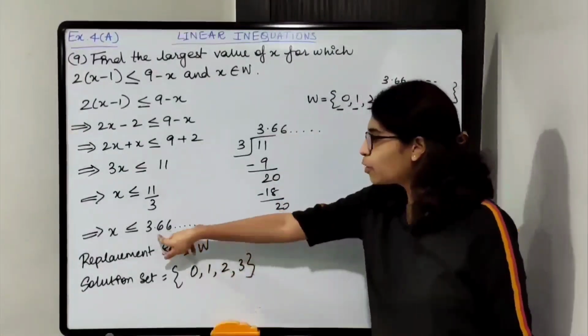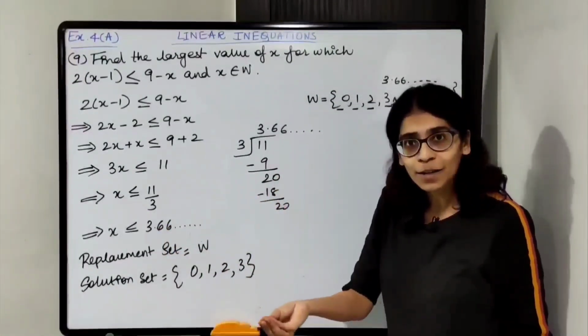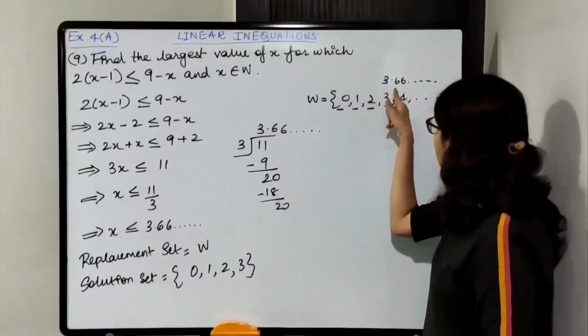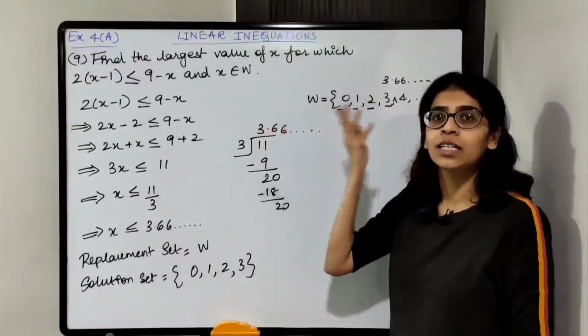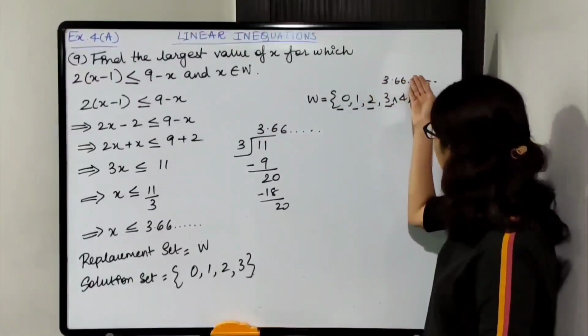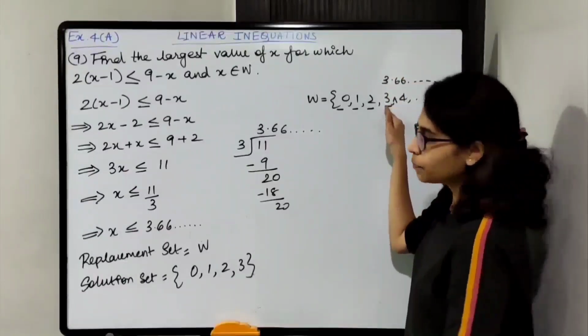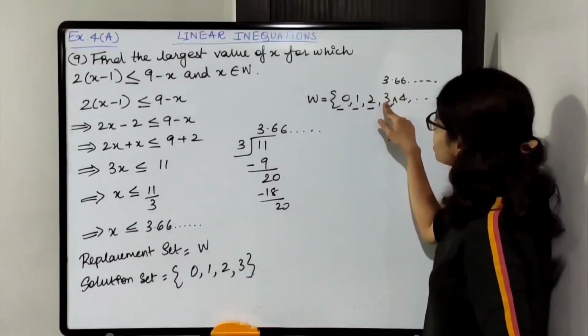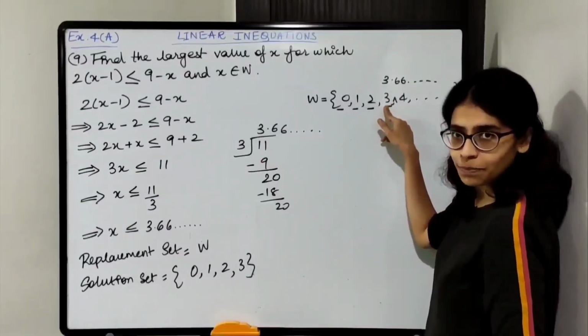You cannot take 3.66. Why? Because it is not there in the set. ये set में ये decimal value तो आता ही नहीं है. So you cannot take the decimal value. Decimal value से कम वाला value कौन सा है? Because it is less than or equal to this. So it will be less than 3.66, that is 3. Okay.